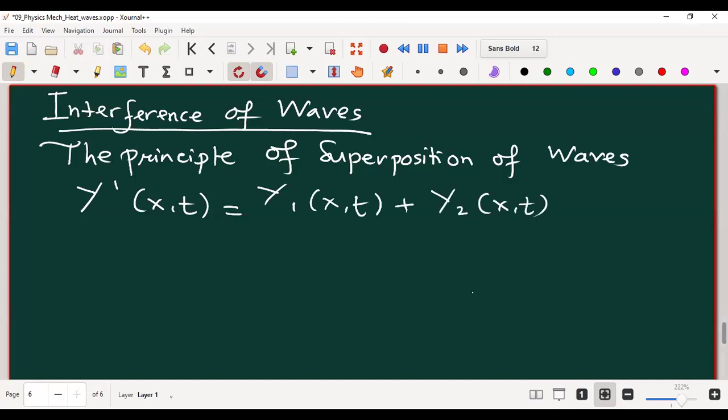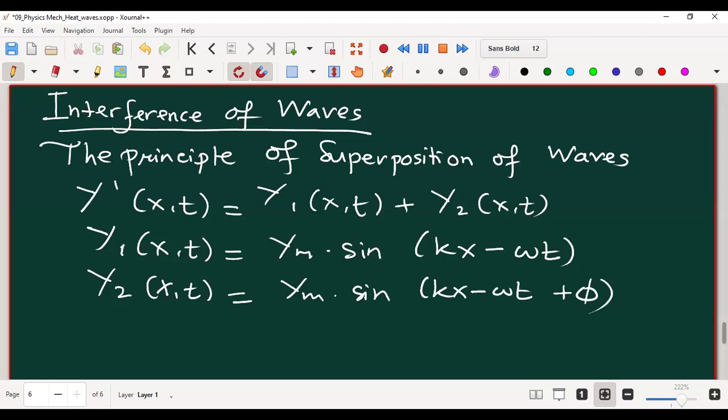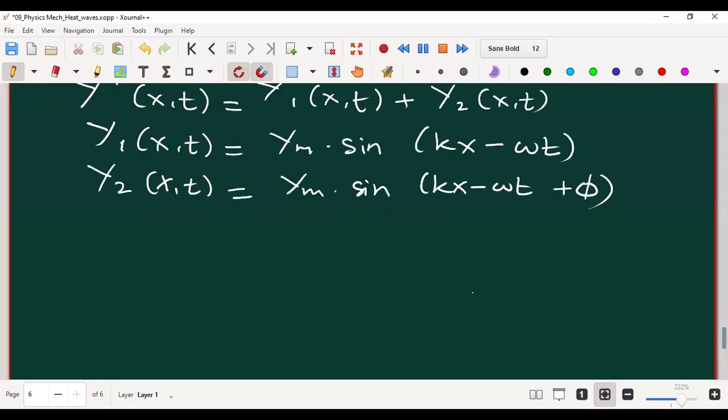So for example, if you have the first equation y1 at x and t, for example, this one is ym sin(kx − ωt), and then y2(x,t) is ym sin(kx − ωt + φ). So we can add y1 and y2, y prime, for example, y′(x,t).